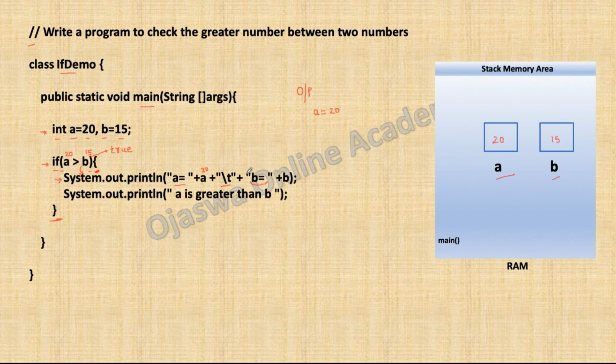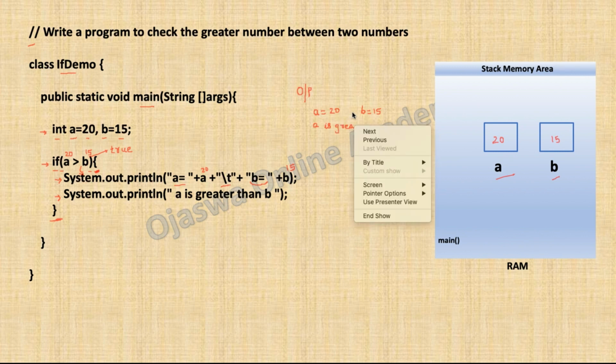Next, "b = " is a string specified inside double quotation marks. Hence, it will be printed to the output screen after the tab space. And variable b will retrieve its value 15. So b = 15 will be printed to the output screen. So this is my first statement executed. Next statement, we are printing System.out.println a is greater than b. So this will be my output.